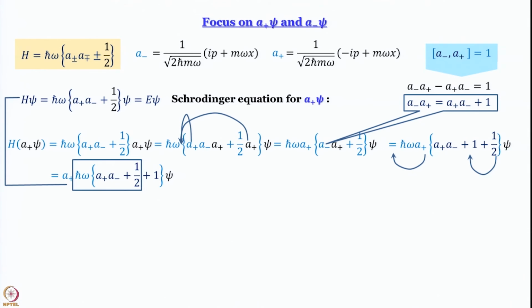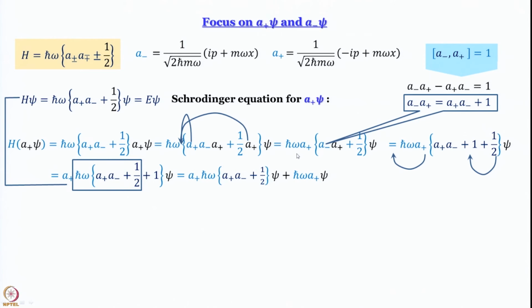So we just break into two terms. First one is A plus times H cross omega multiplied by (A plus A minus plus half) operating on psi, which is the Hamiltonian, plus H cross omega A plus psi.